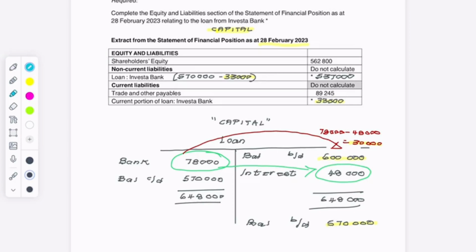But if you add those two figures, you still come to the balance of your loan of 570,000 Rand. So I think by doing the ledger account, it helps you to understand how this payment gets split. Number one, interest gets settled first, balance comes off the capital portion of the loan.